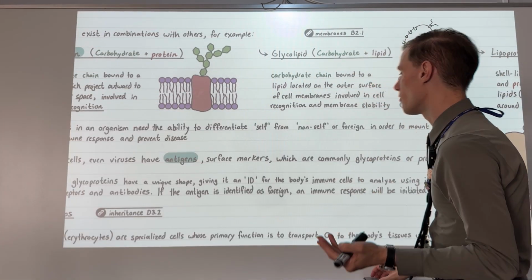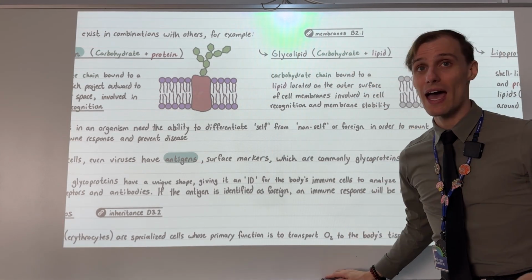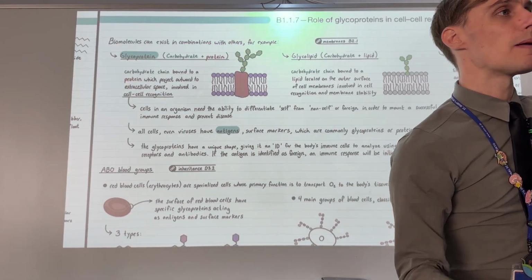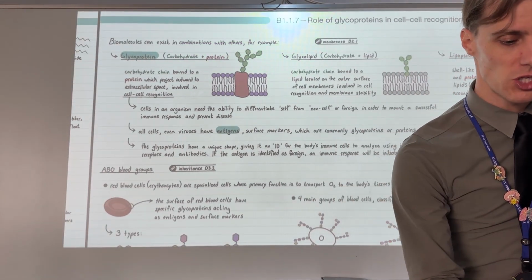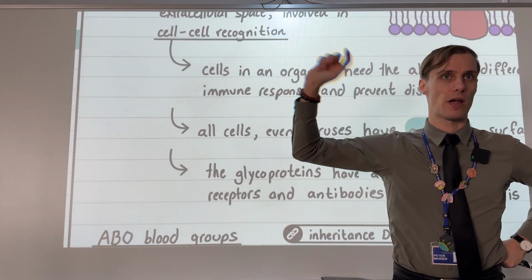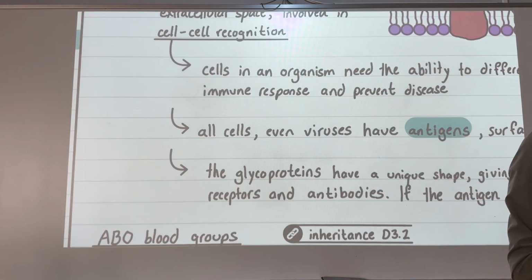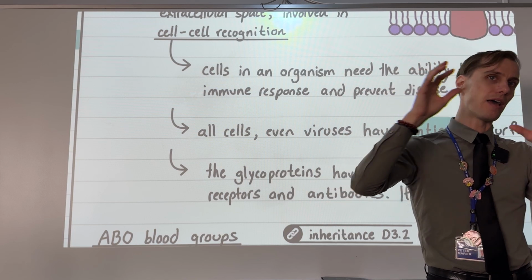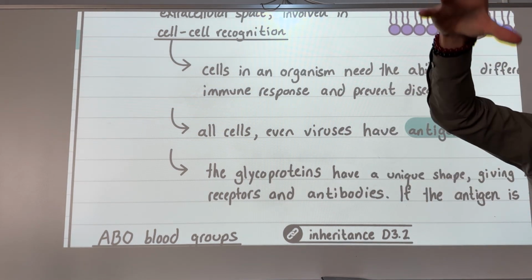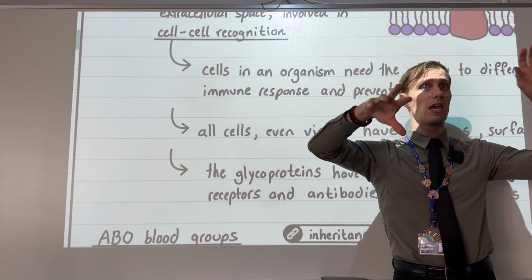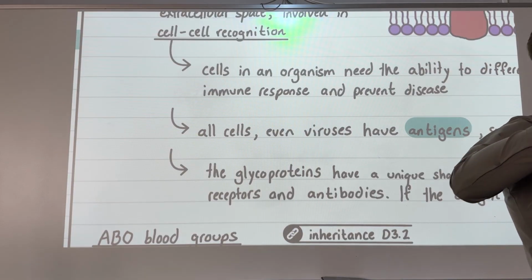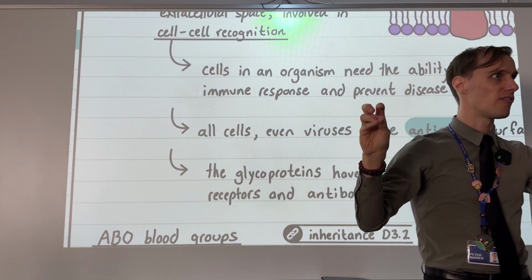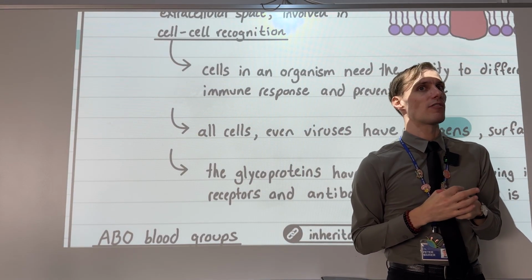Now, what is the significance of that? Well, that has to do with the main role that they have, which is cell-to-cell recognition. Glycoproteins' major function within cells is a way for one cell to communicate with another cell and to identify self from non-self. So it's maybe a question that you've never considered.